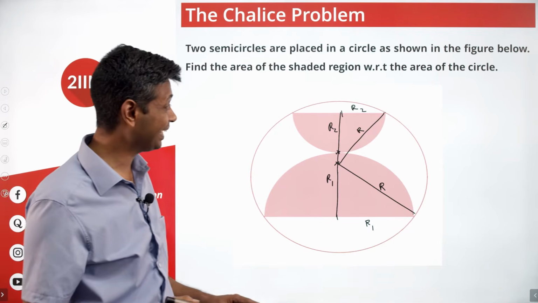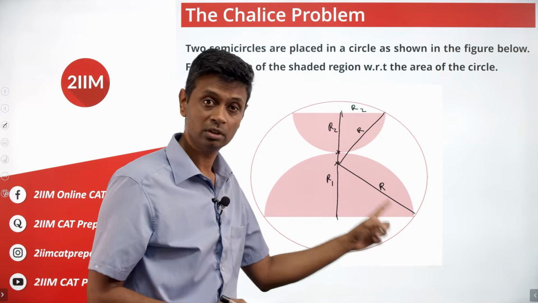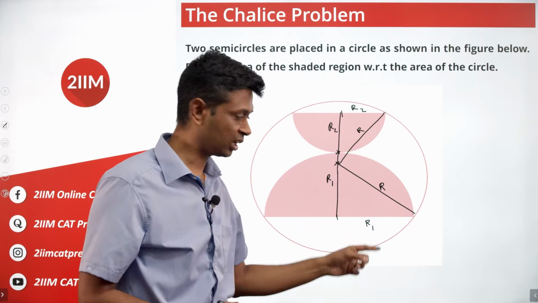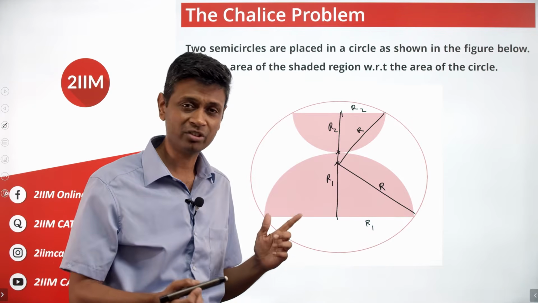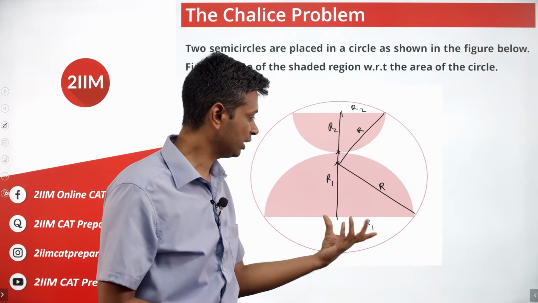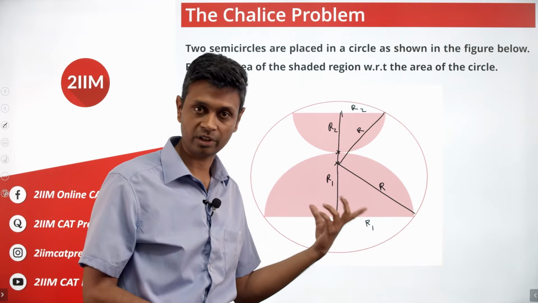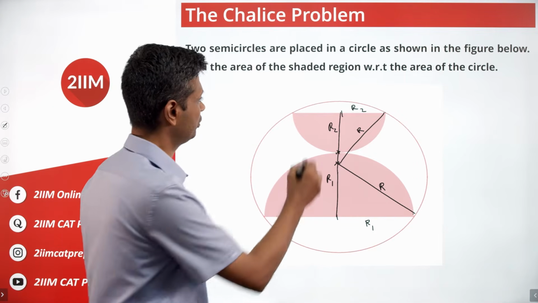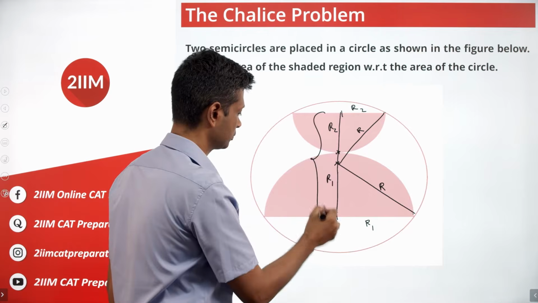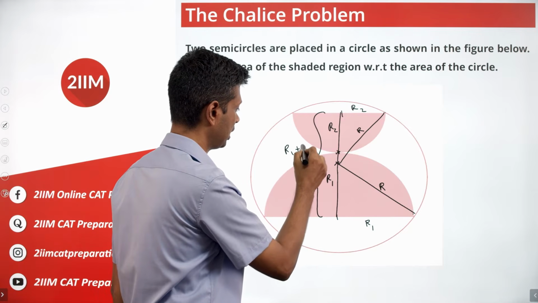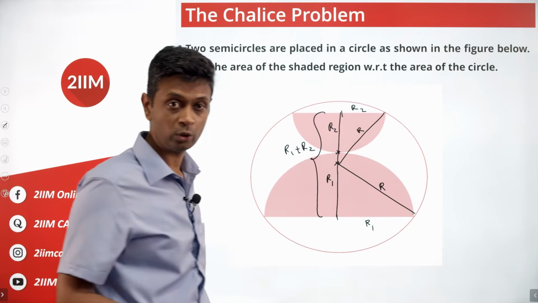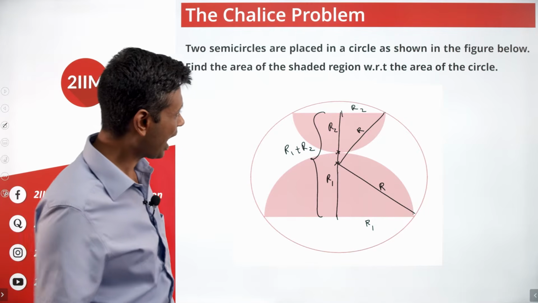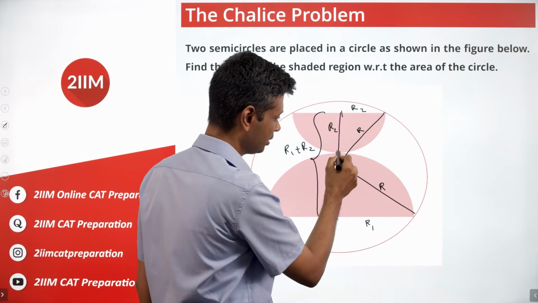Think about writing an equation for R using R2 and R1, and then imagine a scenario where we increase R1 and therefore reduce R2. To start with, this distance is R1 plus R2. We know that, right? Now R, there is a small delta here.